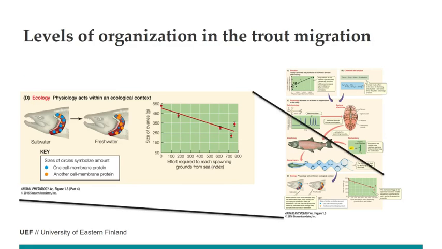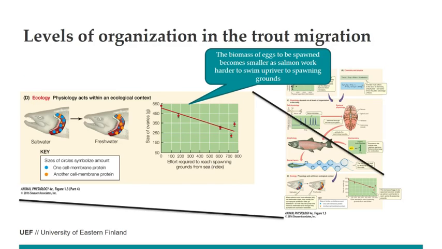And it even affects, depending on how long they will travel in the river, the size of ovaries. That means that if the river is long enough, there is no point swimming to the end, because you lost the size of ovaries, and you will not get any offspring at all.